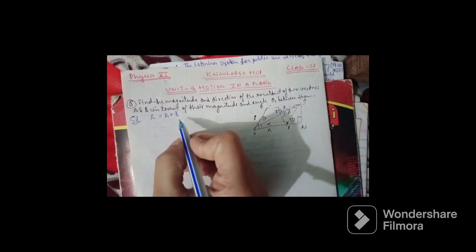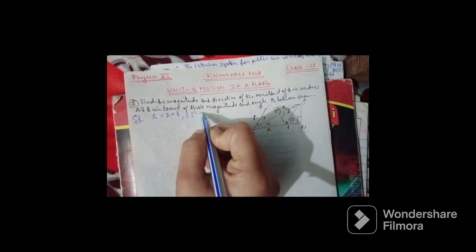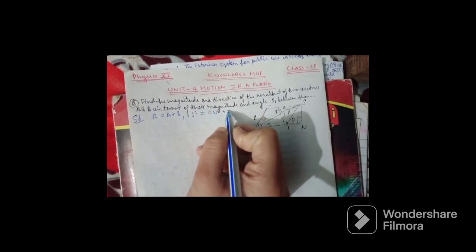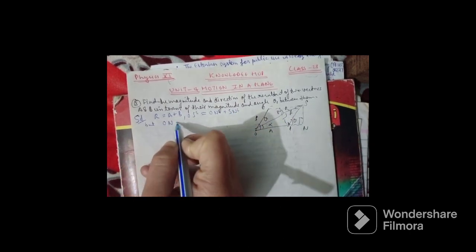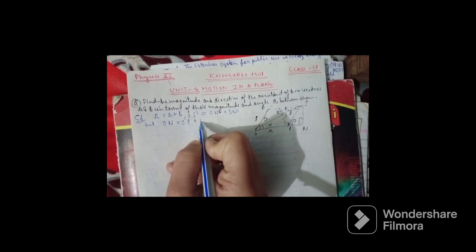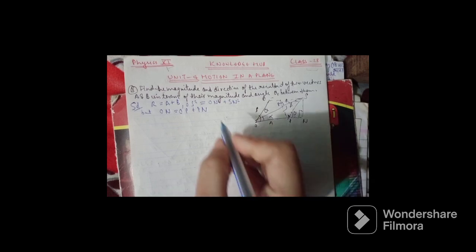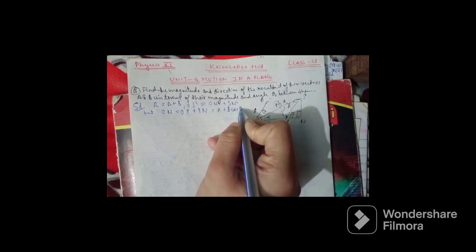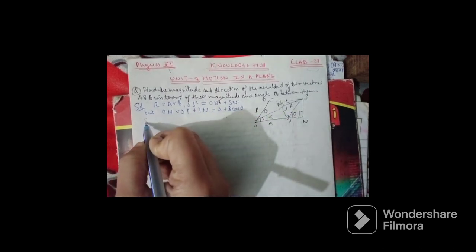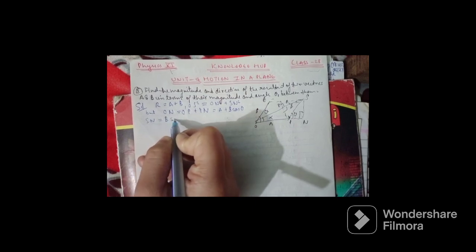Here SN is normal to OP and PM is normal to OS from the geometry of the figure. So OS square equals ON square plus SN square, but ON equals OP plus PN. So PN equals B cos theta, and SN equals B sin theta.